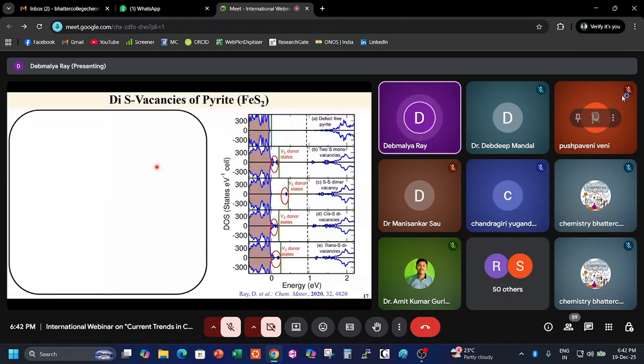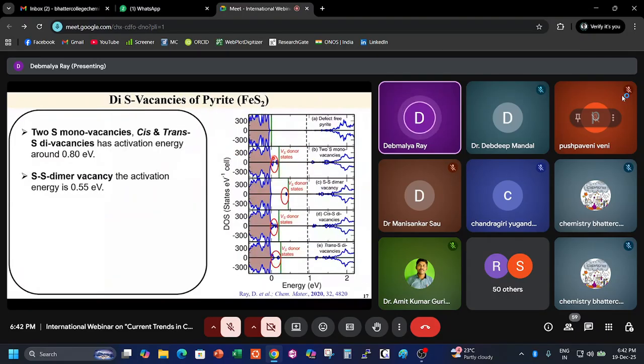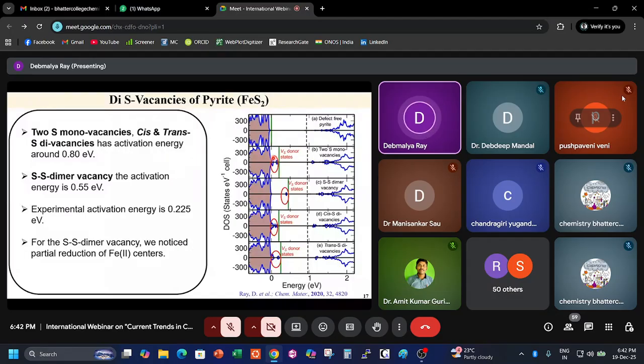And that's exactly what happened when we plotted the density of states for these 4 cases. We found that for these 3 cases, we get an occupied defect state around 0.8 eV below the conduction band. However, for the sulfur-sulfur dimer vacancy, this state is 0.55 eV below the conduction band.